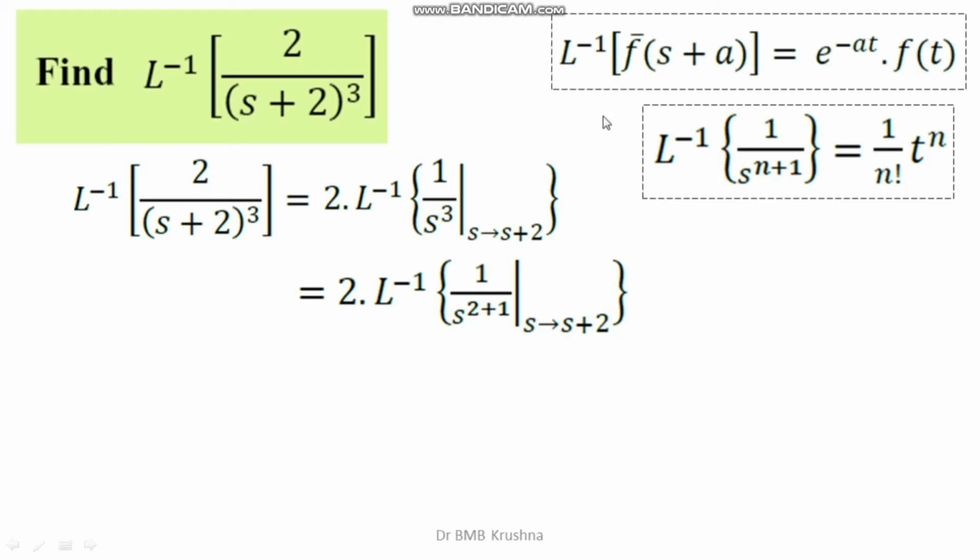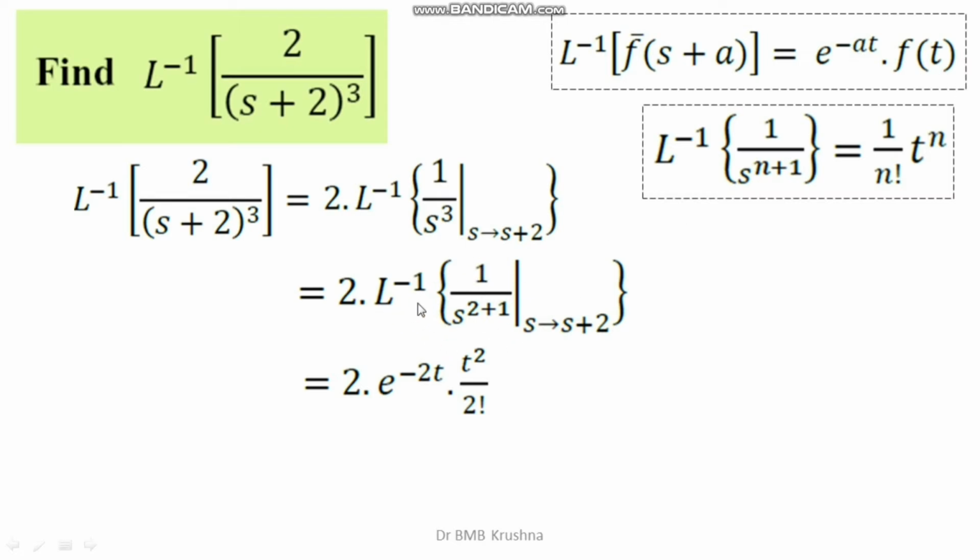We know the first shifting theorem: L inverse of f bar of (s plus a) is e power minus at f of t. So here a is 2, therefore 2 times e power negative 2t, L inverse of f bar of s, that is only f of t.